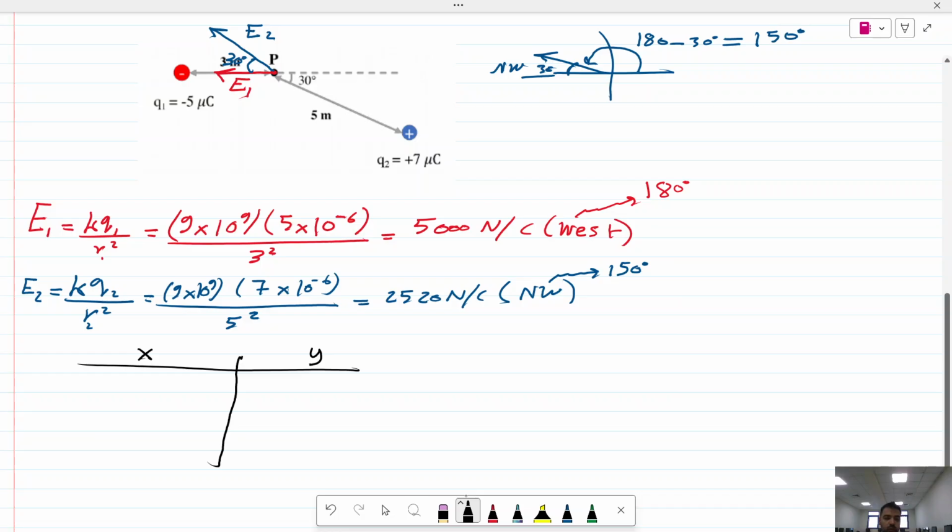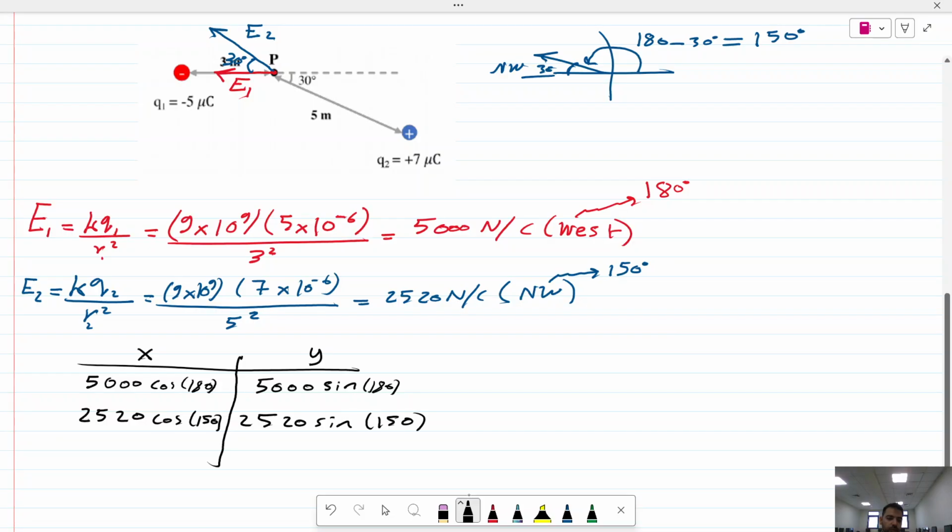First, we start by doing E1 times cosine theta, which is 5,000 cosine of 180, and for the y component, 5,000 sine of 180, plus the other one, which is 2,520 cosine of 150 for x, plus 2,520 sine of 150 for y.